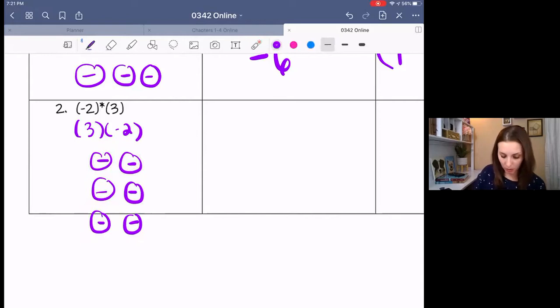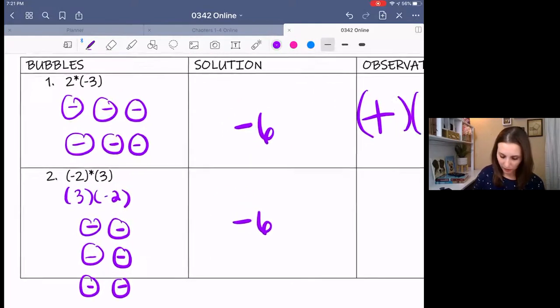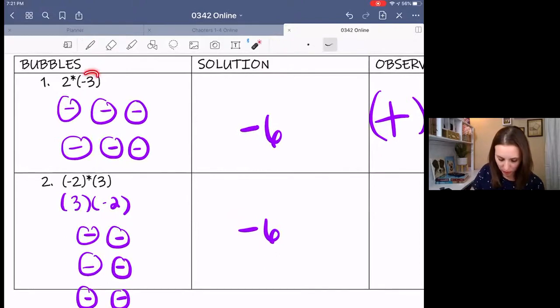How many total bubbles are there? -6. So even though in this first example the 3 was negative, whereas here it was positive, our answers were still the same. So that kind of shows that the weight, the fact that the 3 is bigger, doesn't necessarily play a role in it.